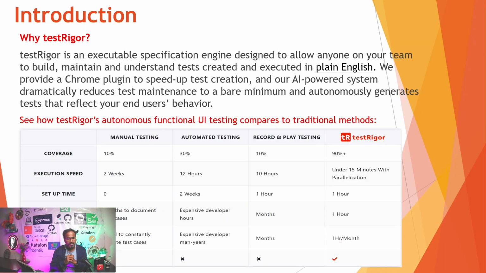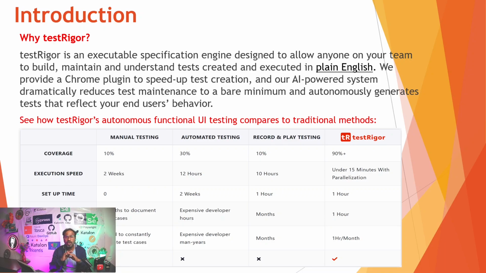So then, why do we need testRigor? testRigor is an executable specification engine designed to allow anyone on your team to build, maintain, and understand tests created and executed in plain English language. So you need not have any coding knowledge.